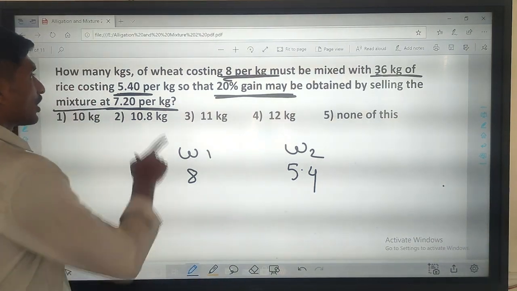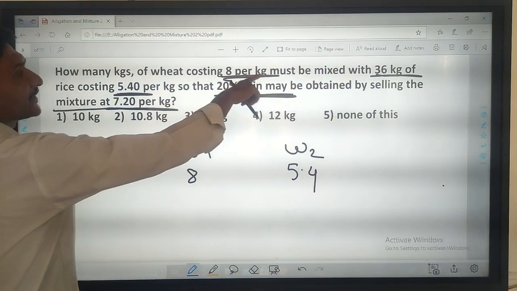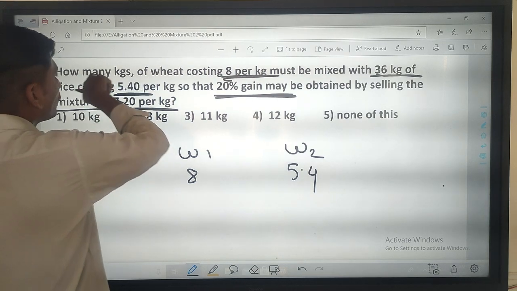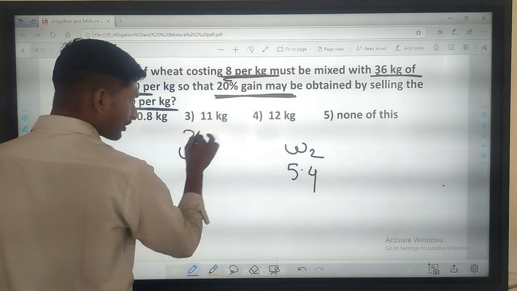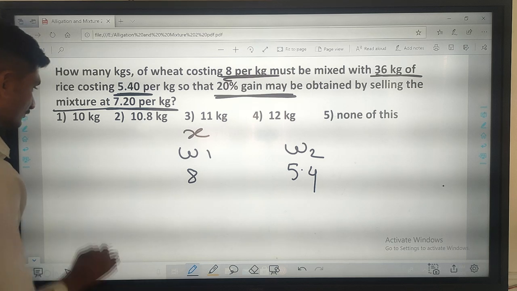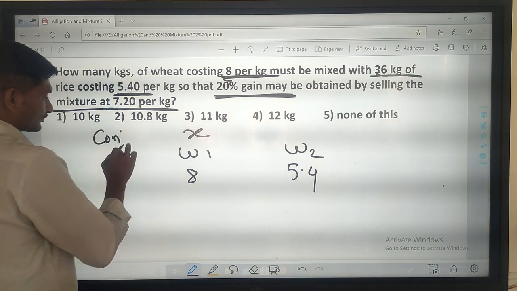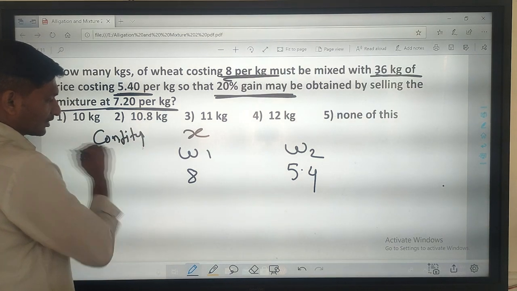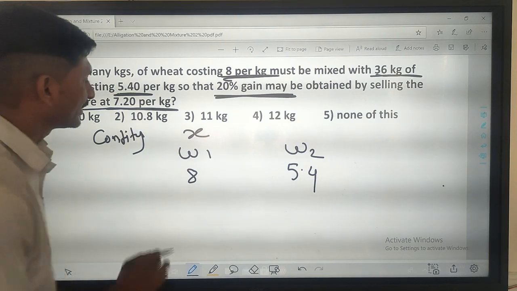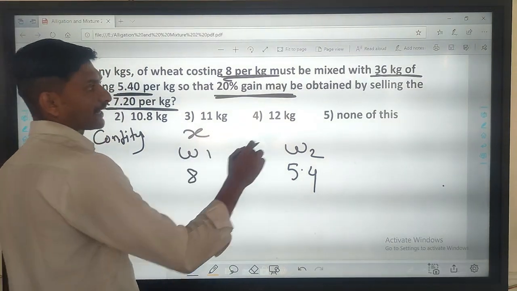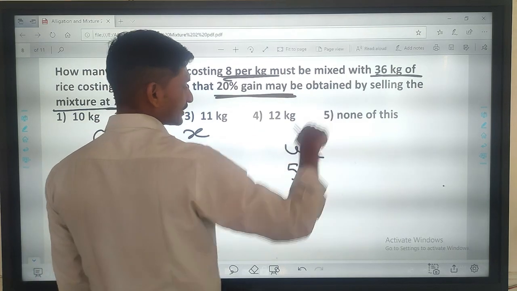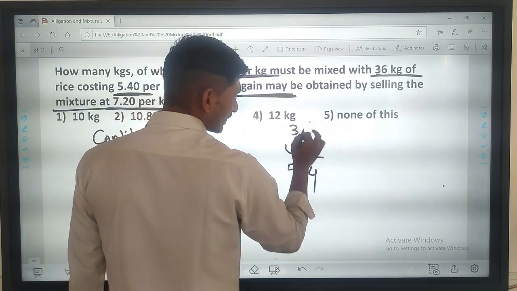The quantity of the first type of wheat is unknown and the quantity of the second type of wheat is 36.